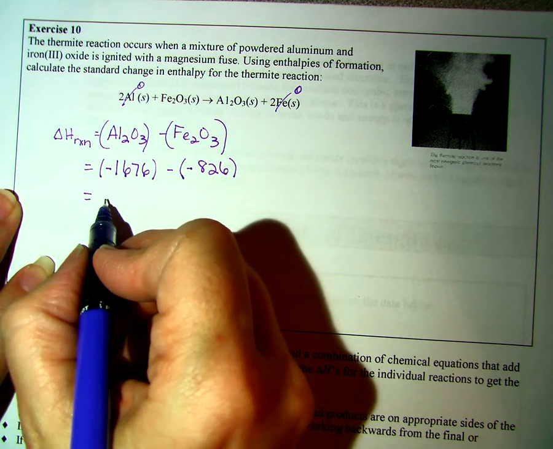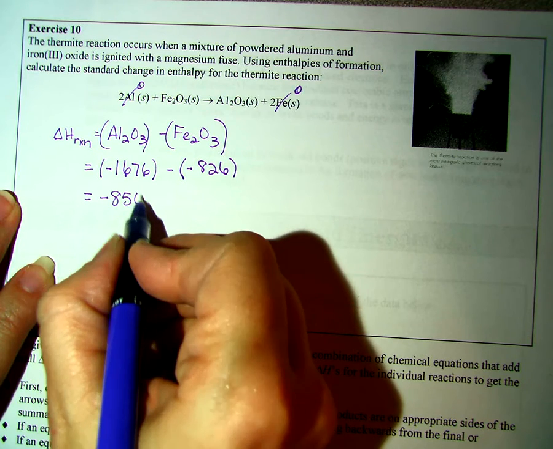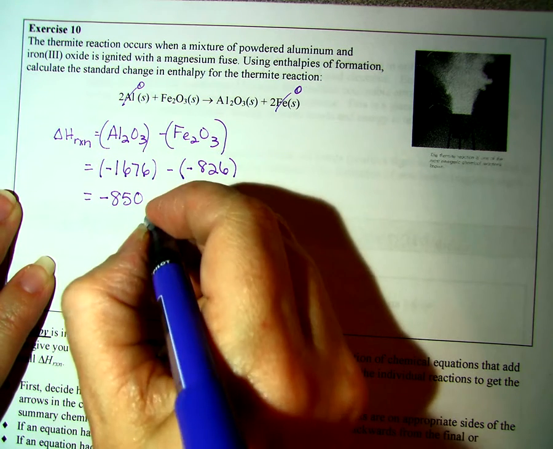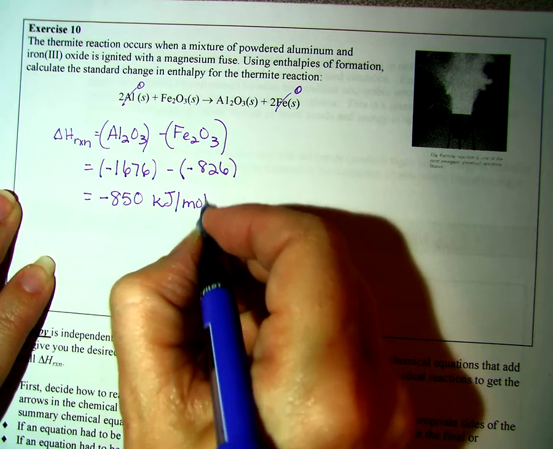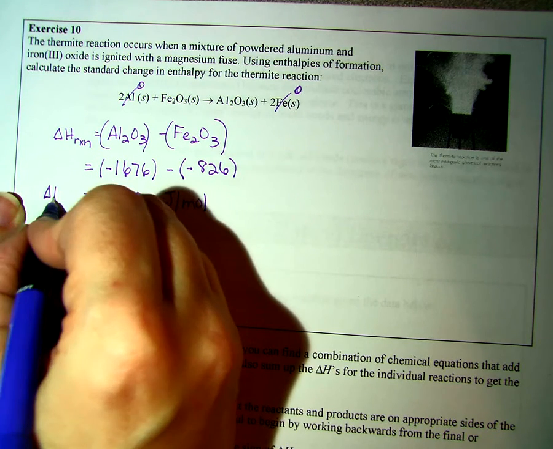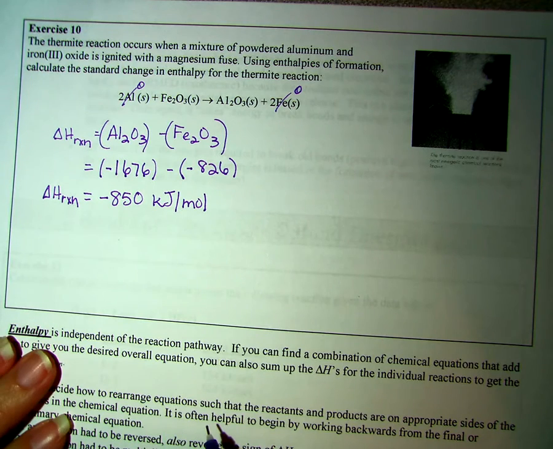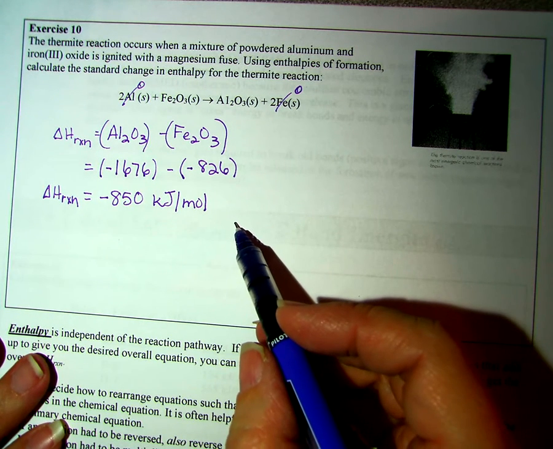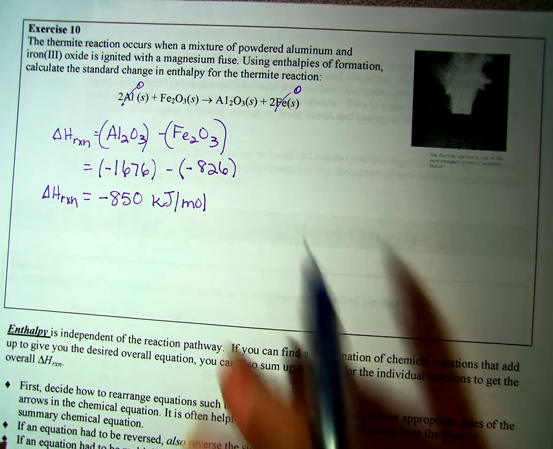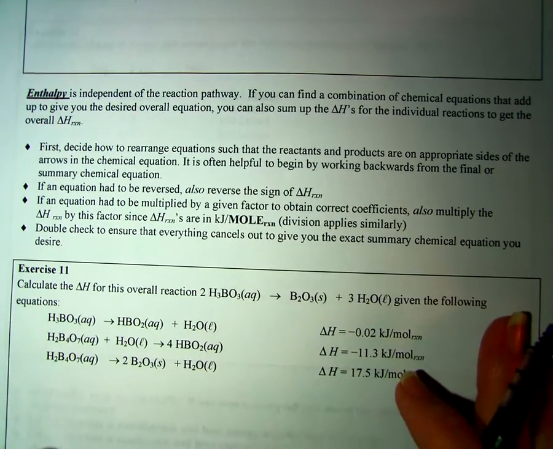So this winds up being a negative 850 kilojoules per mole. So delta H for the reaction. So that one was not difficult. It's just they did not give you the actual numbers. You had to look it up in a table. You know, on the AP test, they're going to give you those so that you'll have them to look up.